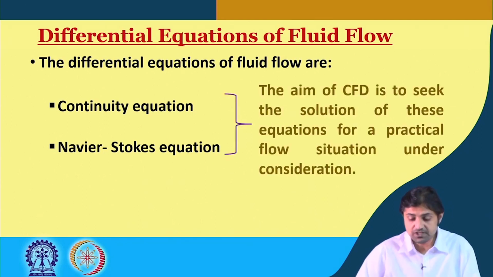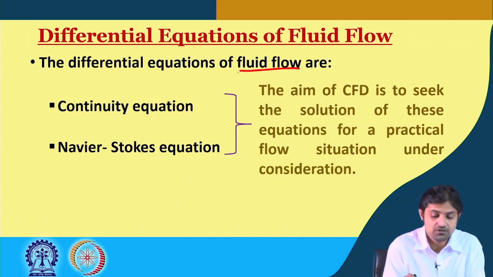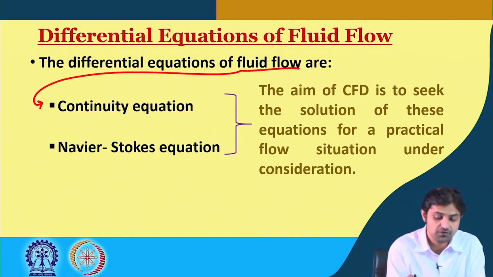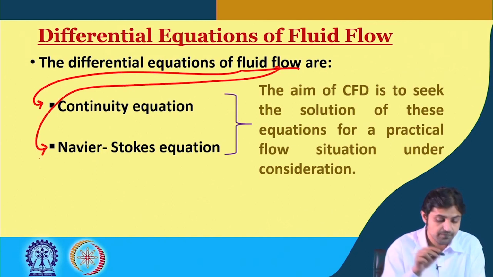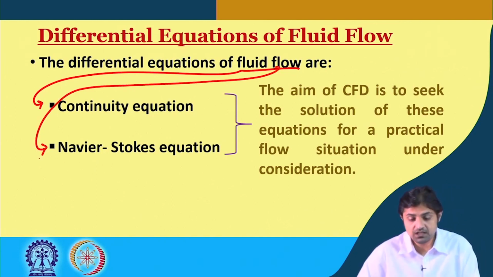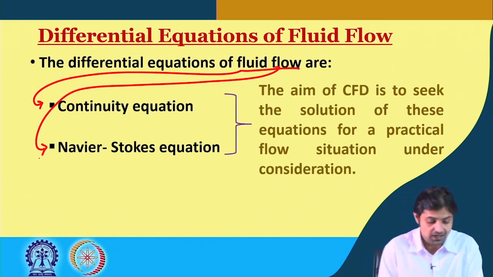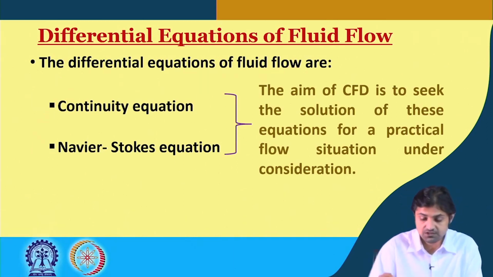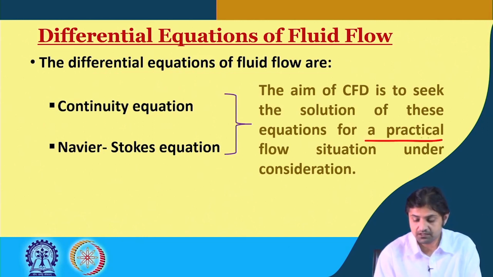So the aim of CFD is to seek the solution of these equations for practical flow situations under consideration. You remember when we started this lecture, we defined CFD as the use of computers to solve the fluid flow equations. So these are the fluid flow equations that we were talking about: the continuity equation and the Navier-Stokes equation, and it should be for a practical flow situation.